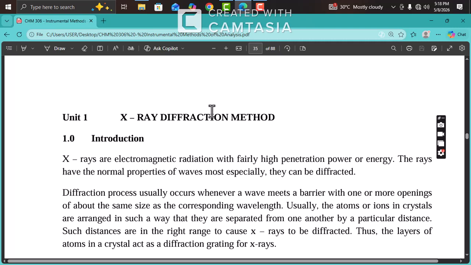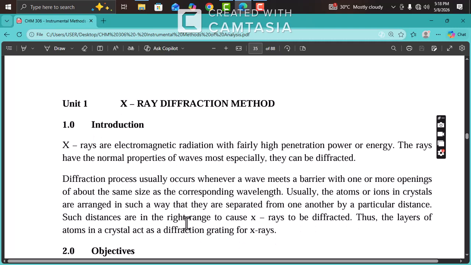Okay, so the layers of atoms in a crystal act as the diffraction grating for the X-rays. So with this, you can know the type of crystal that is, because different crystals have different diffraction patterns. Then different crystals have different positions of their peaks. So we are going to look at that.